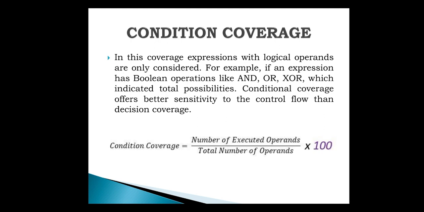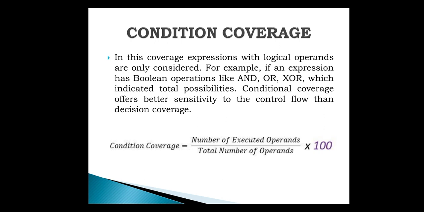Next is condition coverage. In this coverage, expressions with logical operands are the only ones considered. For example, if an expression has a boolean operation like AND or XOR, which indicates the total possibilities, condition coverage offers better sensitivity to the control flow than decision coverage.